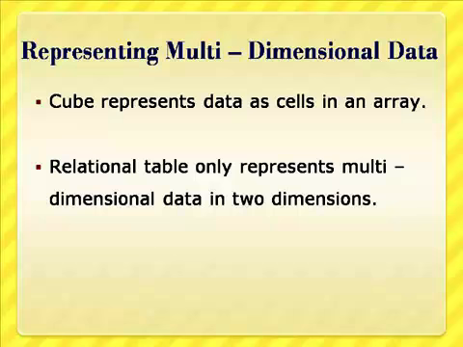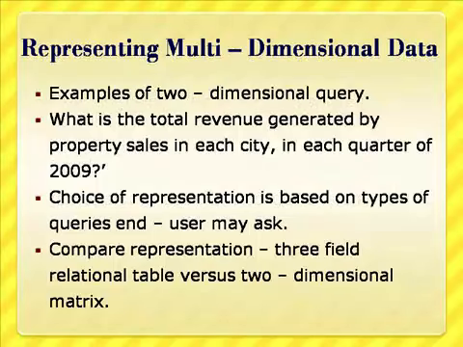Suppose we take an example of a two-dimensional array: what is the total revenue generated by property sales in each city in each quarter of 2009? That means if there are 4 quarters in a year, for each quarter in each city, what are the total sales? So this is a two-dimensional grid, and the measure here is sales.